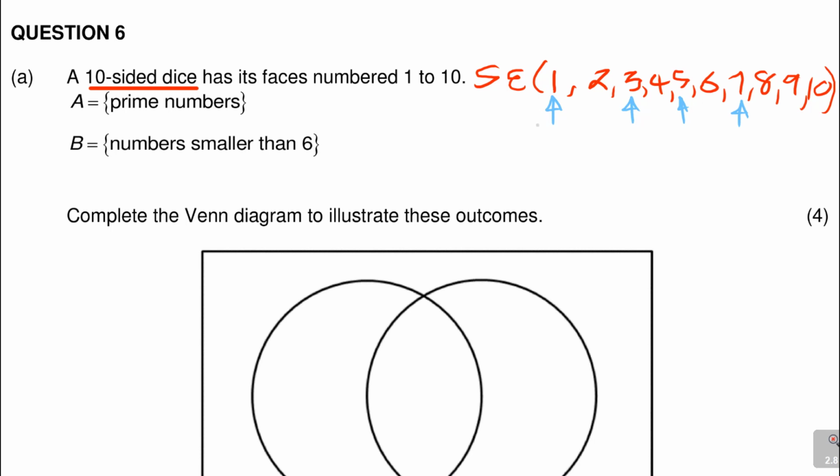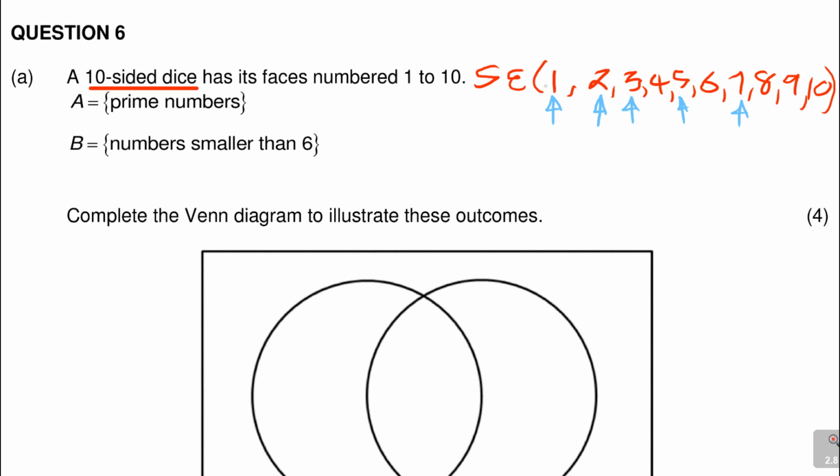A prime number is a number that is divided by 1 and itself. Automatically, I'm forced to take 2, because 2 is divided by 1 and itself.